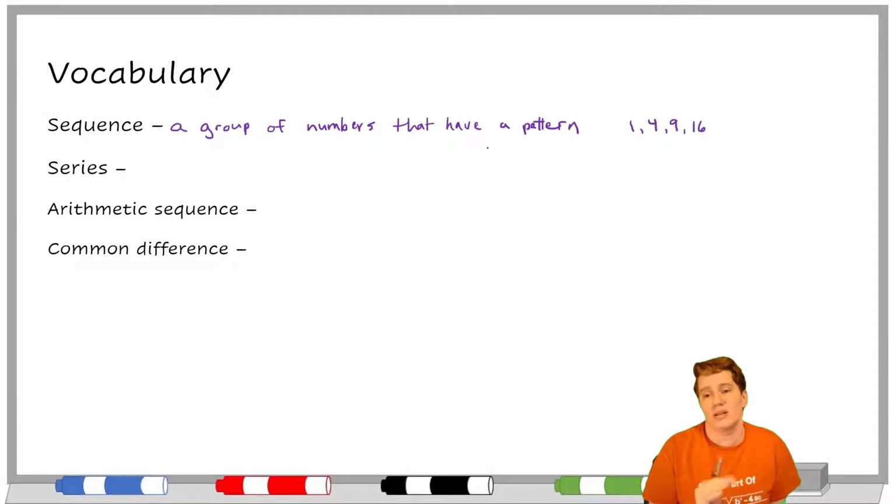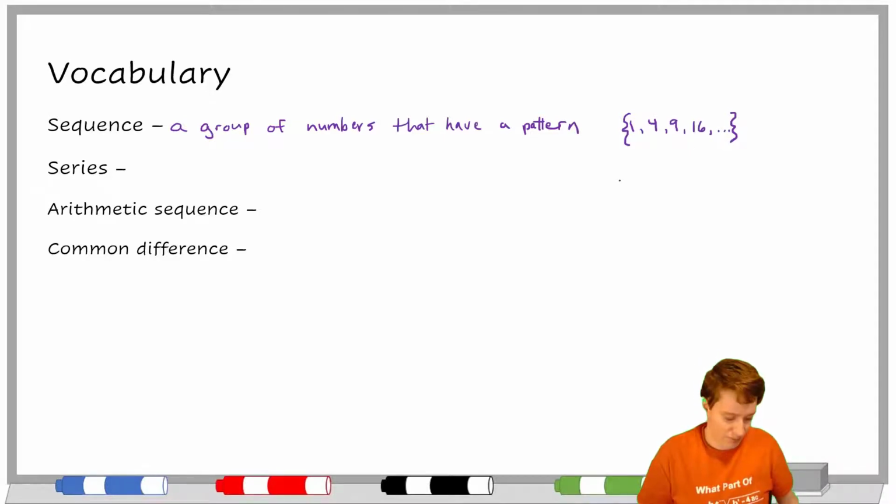Or it could be that we actually want to say that it keeps going, right? To do that, we would put a ... after it, and that says the sequence is 1, 4, 9, 16, and all of the numbers after this that go along with it as well. The other thing we like to do in math, for notation at least, is when we're talking about a group of numbers, we put squiggly brackets around it to say that it's a group.